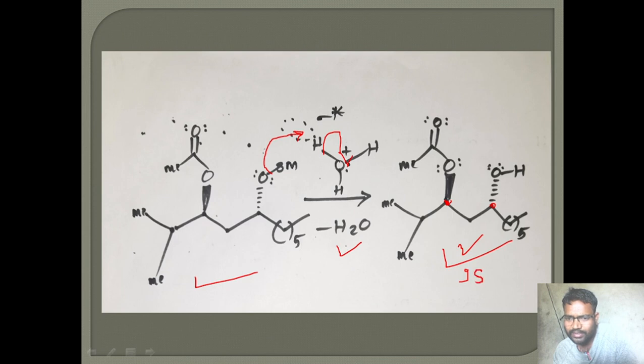This is a diastereoselective reaction, and this is the major product. Another non-mirror image of this compound will generate in the reaction medium as the minor product. So this is how the reaction takes place.